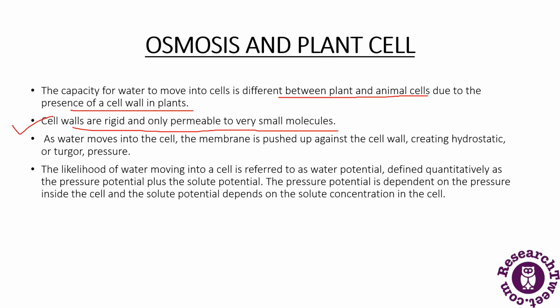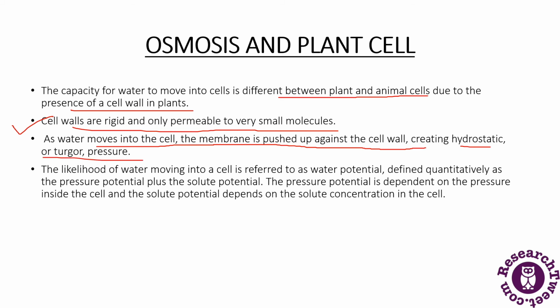So plant cells have a different criterion for osmosis because they have a cell wall. As the water moves into the cell, the membrane is pushed up against the cell wall, creating hydrostatic or turgor pressure.